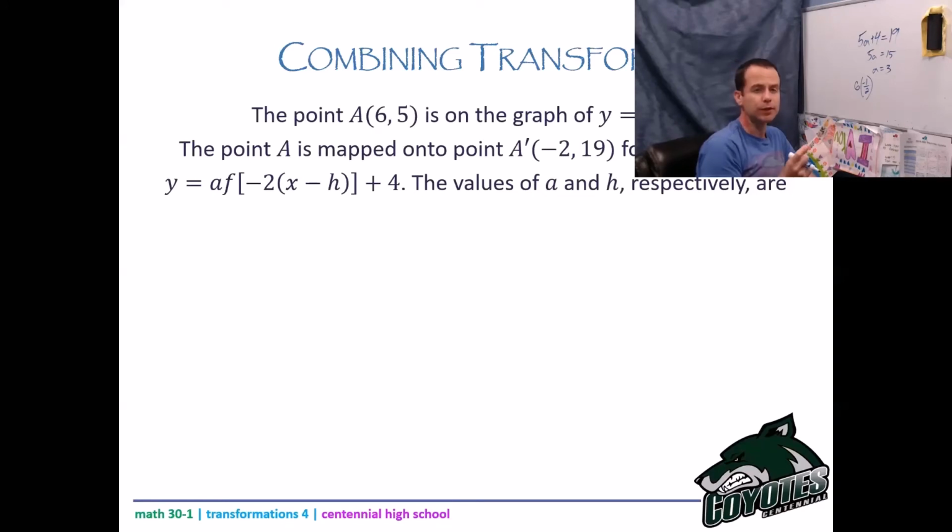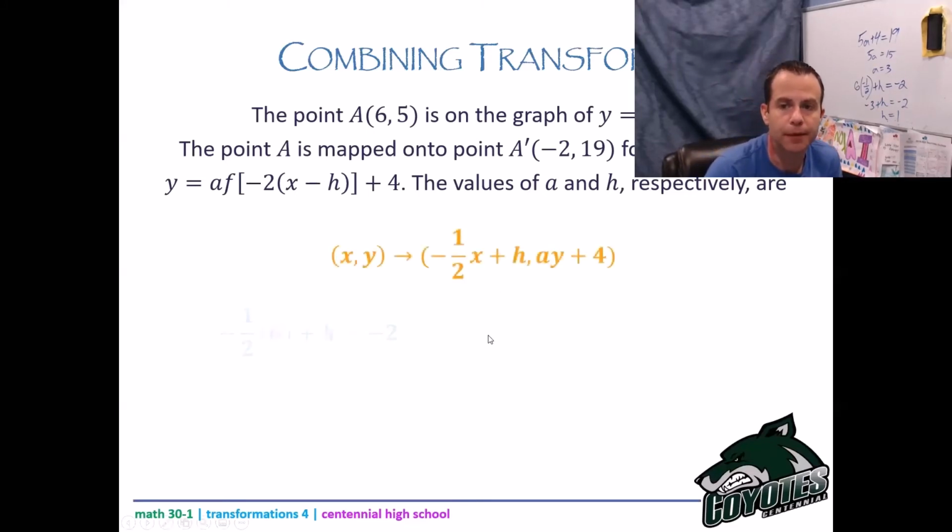And then I'm going to add h to it because I'm moving h units. And when I do all that, I would end up with -2. So now I need to solve for that. Well, 6 times -1/2 is -3 plus h equals -2. Add 3 to both sides, so h is going to equal 1. Okay?